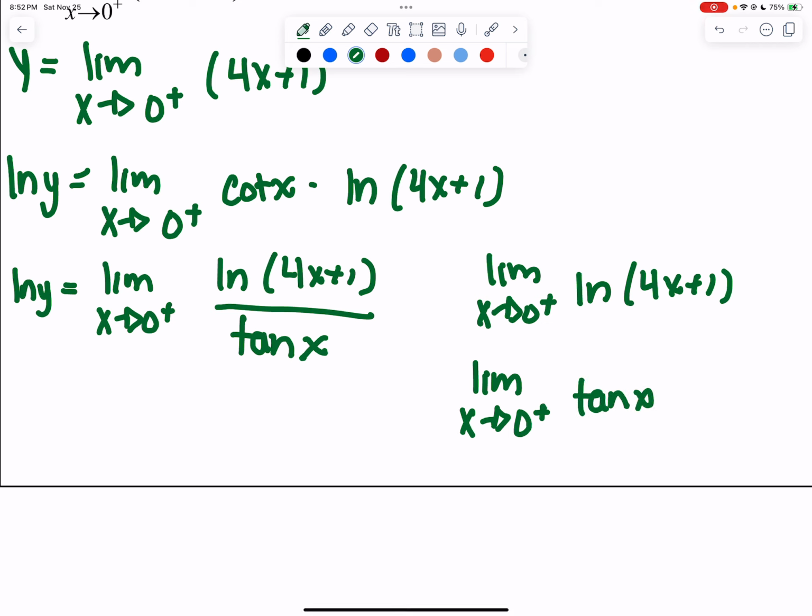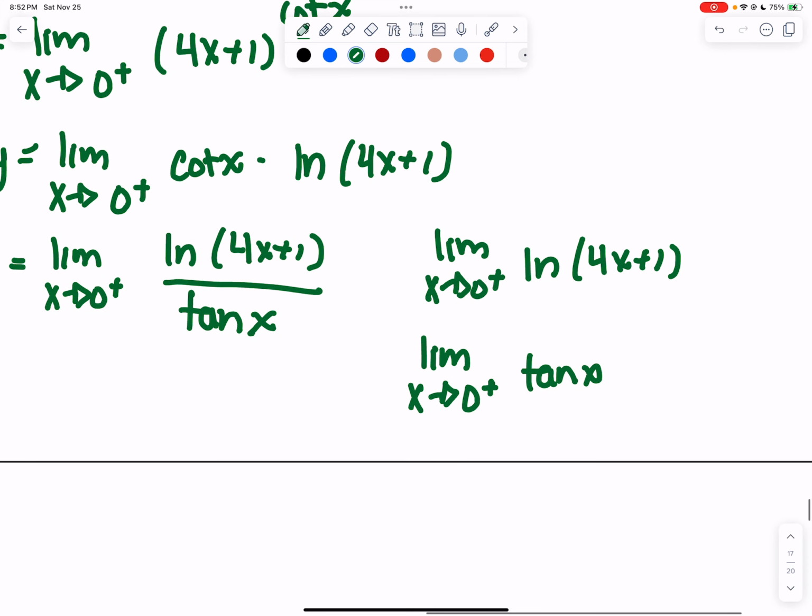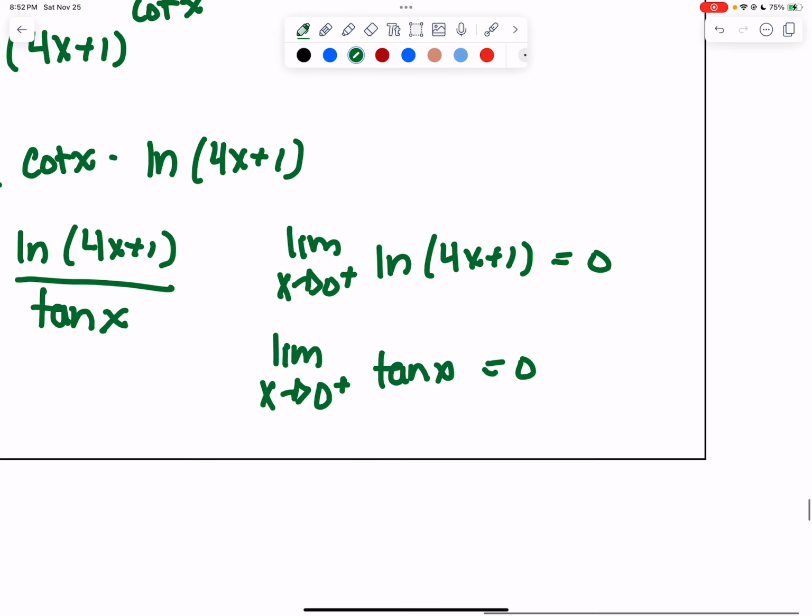So thinking about tangent of 0, we know that that's going to be 0. And then thinking about ln of 4x plus 1, ln of 1 is going to be 0, so this is going to be 0, and this is going to be 0. Indeterminate. Yay.